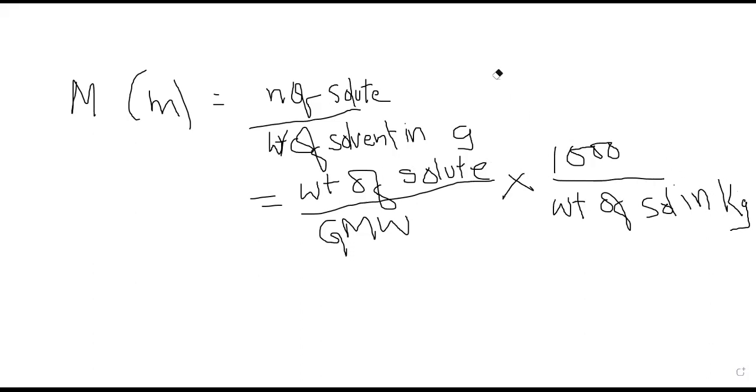We have to consider 1 kg weight. The number of moles of solute dissolved in 1 kg of the solvent is known as molality. This is the formula. Any doubts here, my dear students? Please remember, the weight of solvent is in kg. That is about molality.